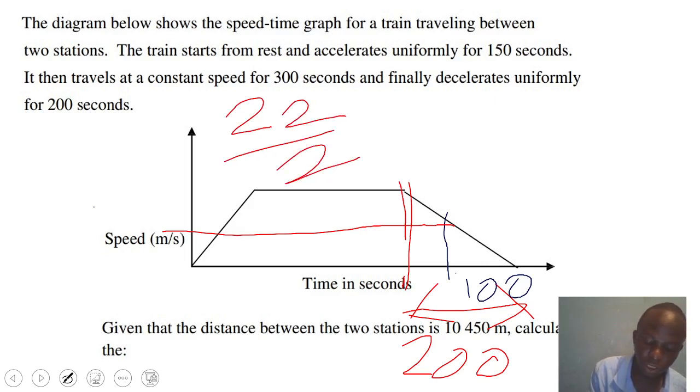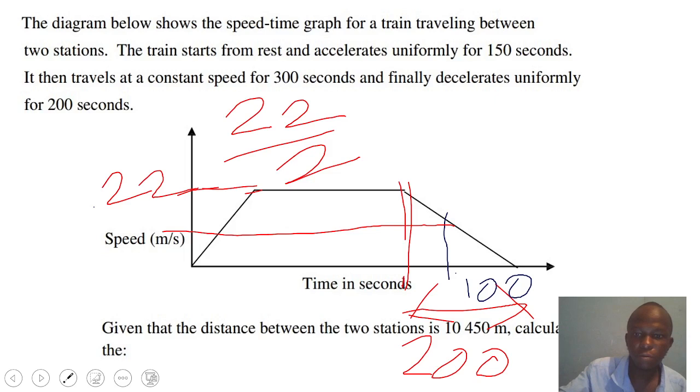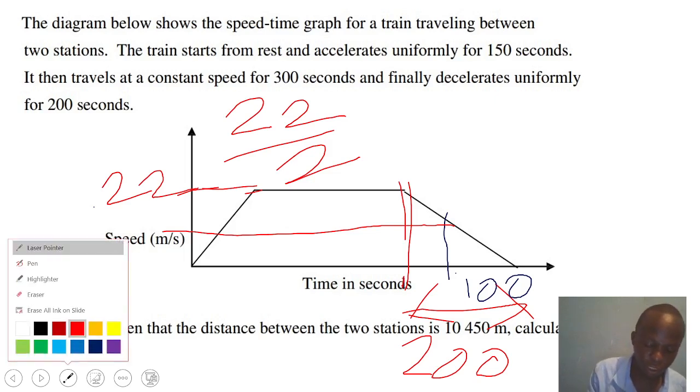Now that we have seen the velocity in meters per second, the maximum velocity is 22. So if the velocity is 22, we divide by 2 so as to get 11.